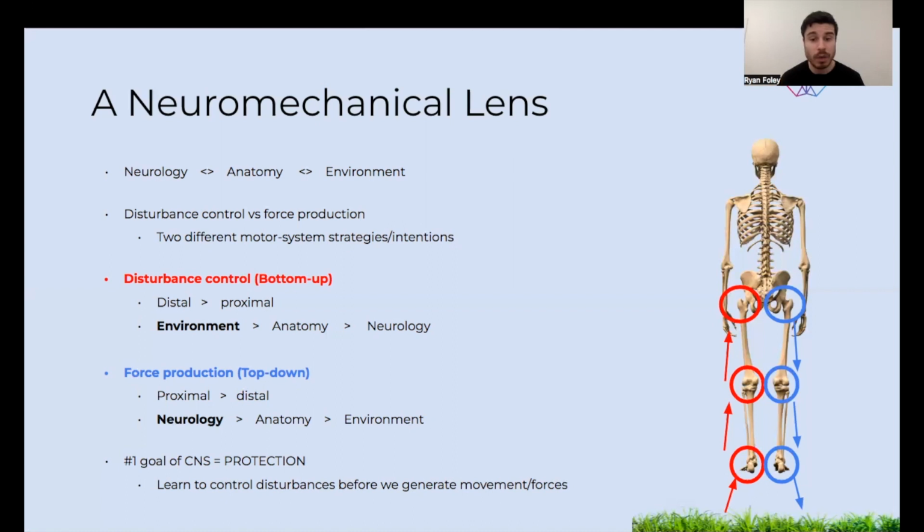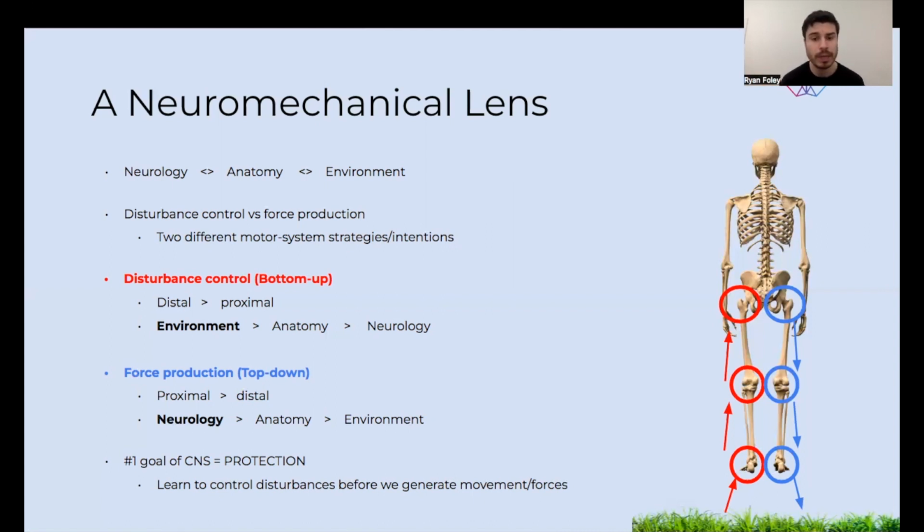So if you can imagine walking around all day with heavy ankle weights around your ankles versus a heavy backpack on your back, I'd much rather have the heavy bag on my back, okay? So this is one of the many reasons we need to appreciate the environmental forces or the external forces that ultimately have an influence on the behavior of our joint tissues, our muscular tissues, and obviously the nervous system as well, okay?